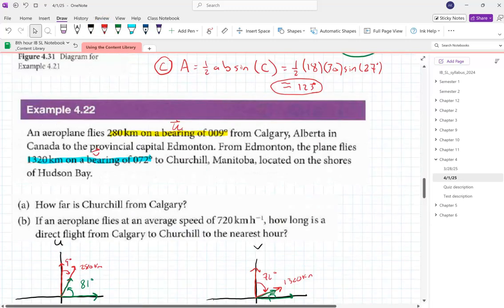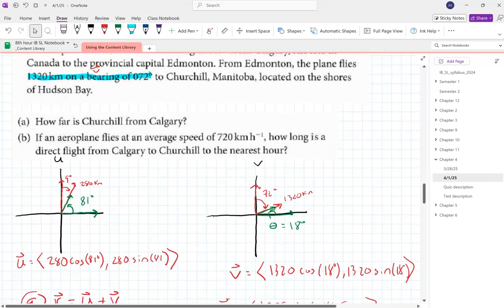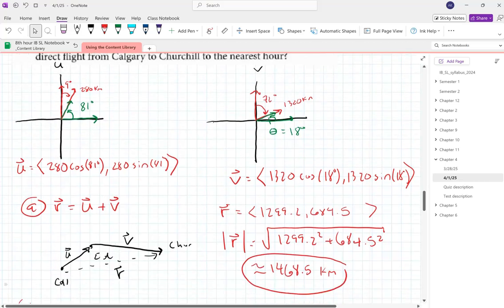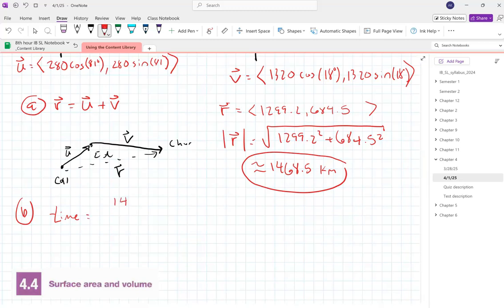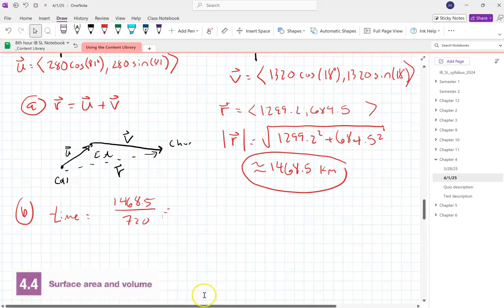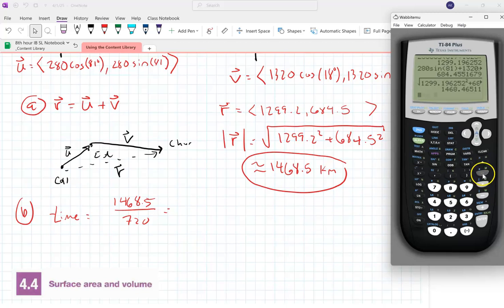Part B then says, the airplane flies an average speed of 720 kilometers per hour. How long does it take on a direct flight? Well, I just divide my total distance by my rate of travel. So that's easy enough.